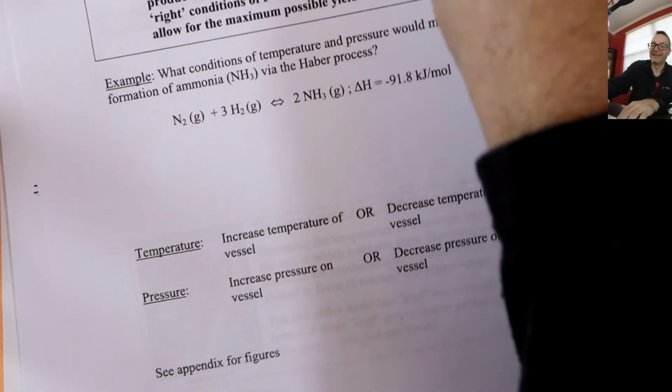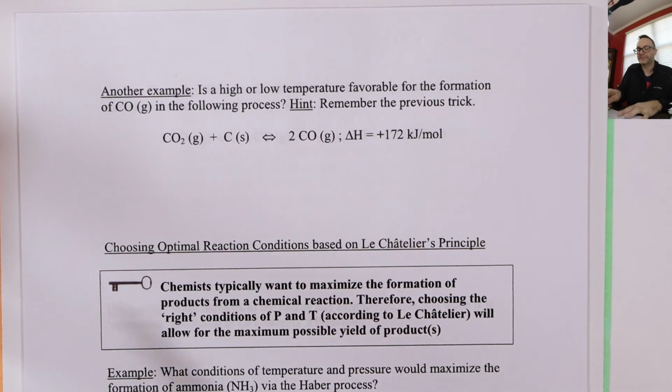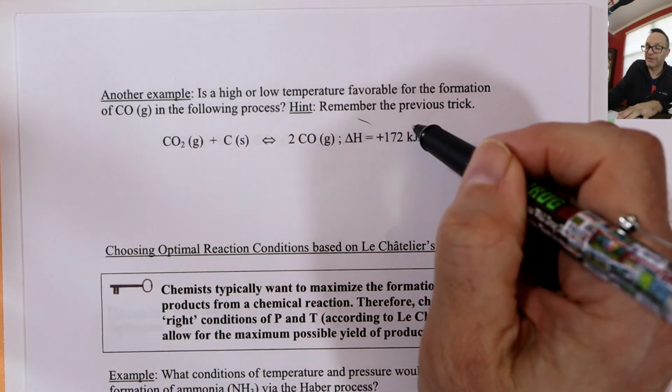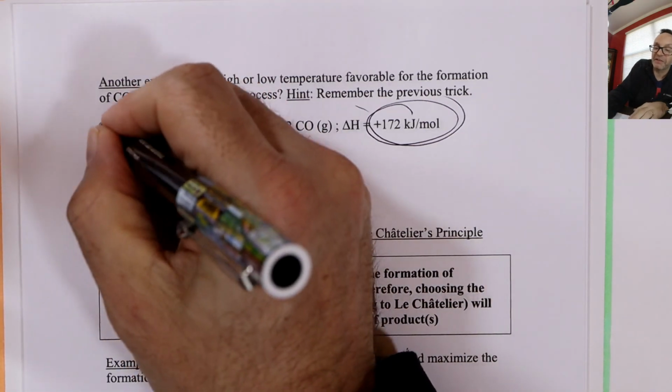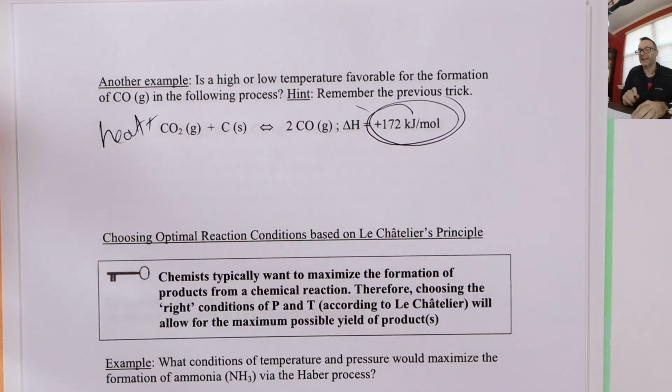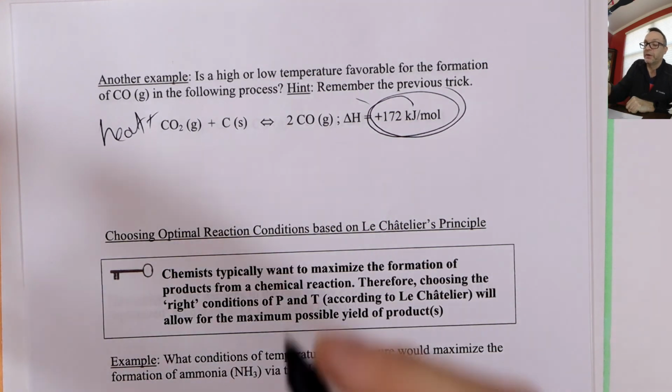Now we have this reaction, which is, careful, endothermic. So I'm going to write heat as a reactant because it's endothermic. So, question, chemical engineers, is a high or a low temperature favorable for the formation of CO, which is a product?